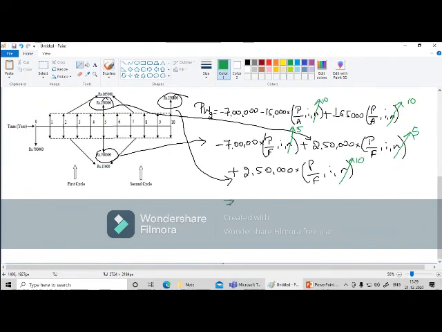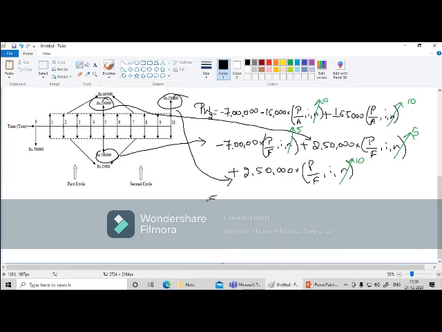Now can you substitute the formulas and tell me how much the answer is? Quickly substitute the formulas and give me the answer. How much will you be getting? Yes, quickly guys, how much is the answer? Substitute the P by A formula there, the P by F formula here.